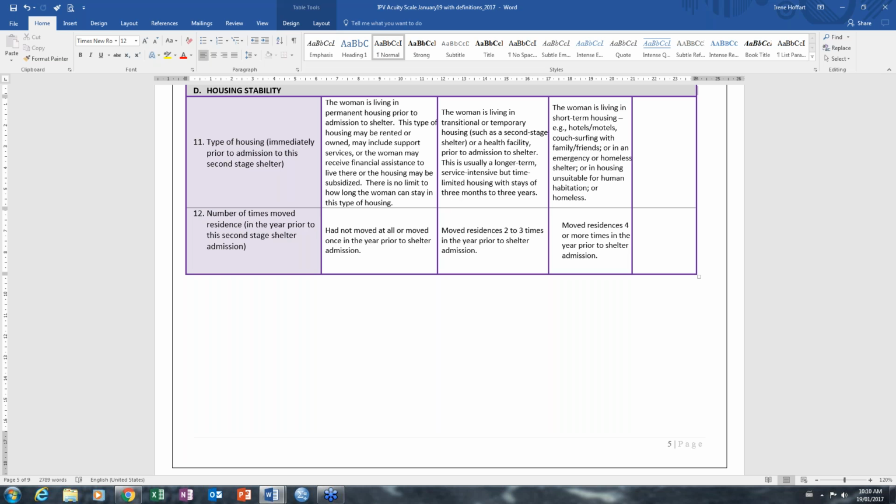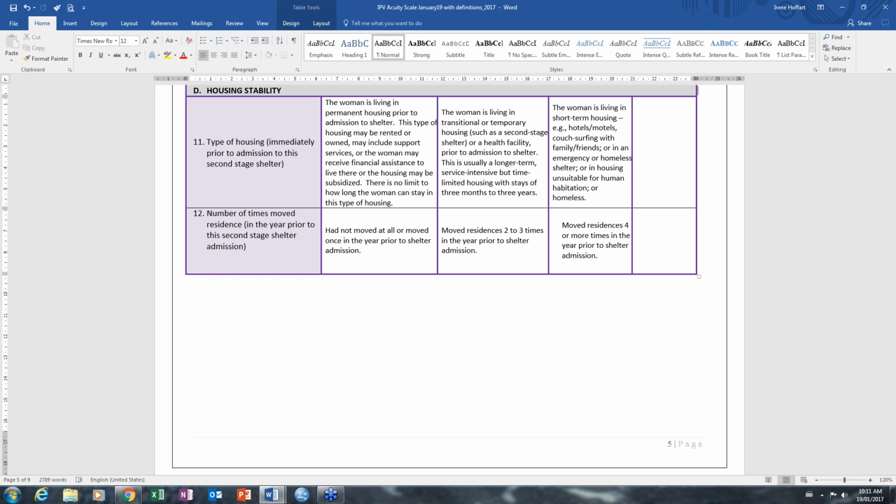Okay. So number of times moved residence. So this could be a little confusing because people are saying, well, what do you mean, in the year prior? What does that exactly mean? Does that mean times she moved from one house to another, or what does that mean? So what we're talking about is them just leaving one type of dwelling and going to another type of dwelling.